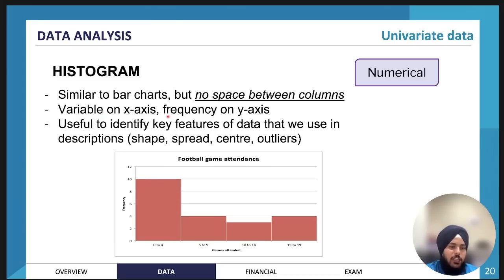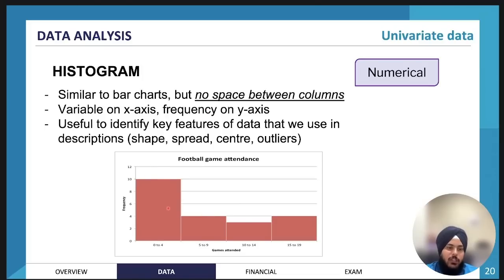So histograms are really important to represent the shape of the data. It can also be used to represent the center, any outliers, and spread. So overall, histograms are just a really good way of representing how the data is distributed, which is what we're mainly concerned with when doing data analysis.